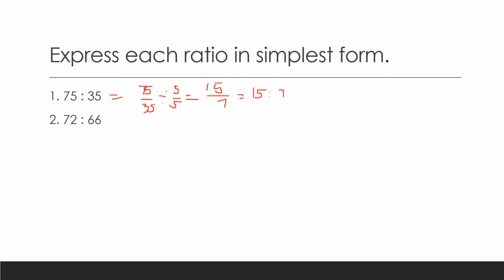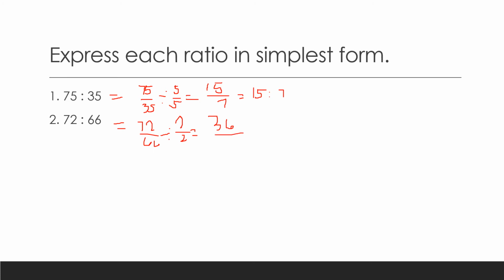How about 72 is to 66? What is the GCF of 72 and 66? What do you think? Okay, only 2 can be used here. So let's try. 72 over 66, divide both sides by 2. 72 divided by 2 equals 36, and 66 divided by 2 is 33.